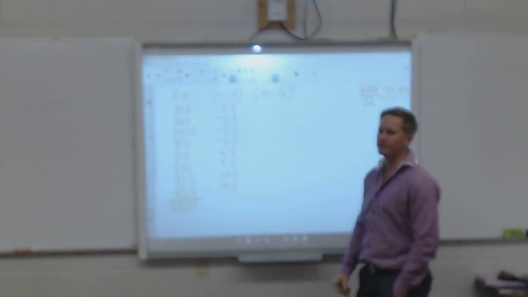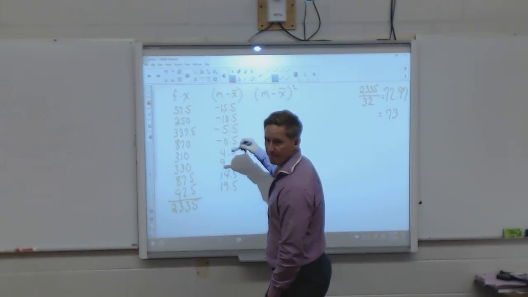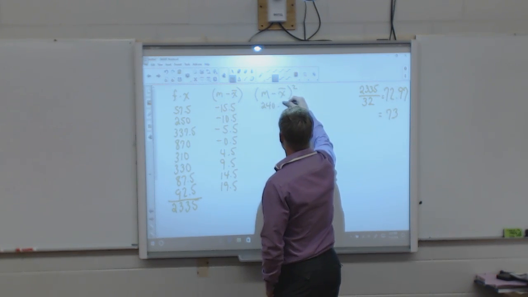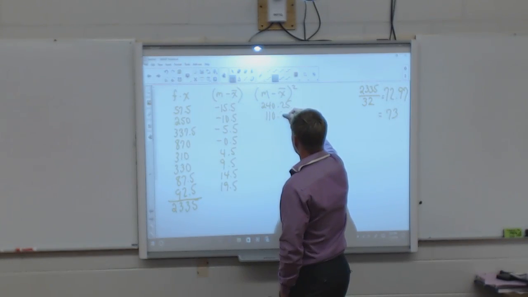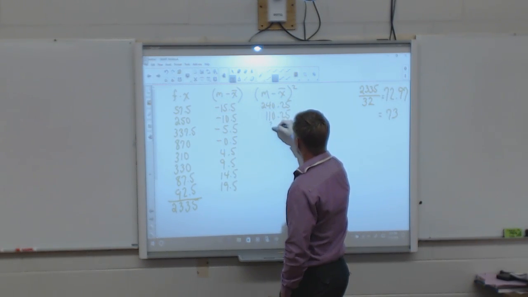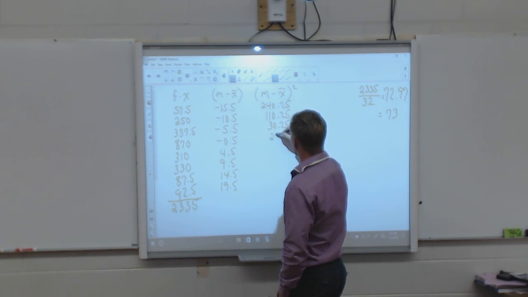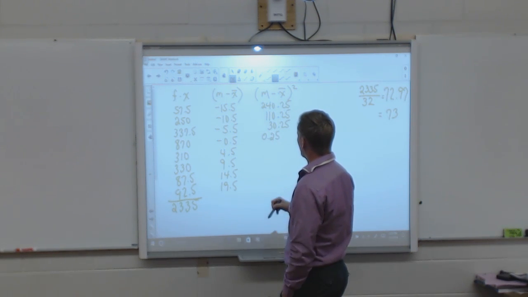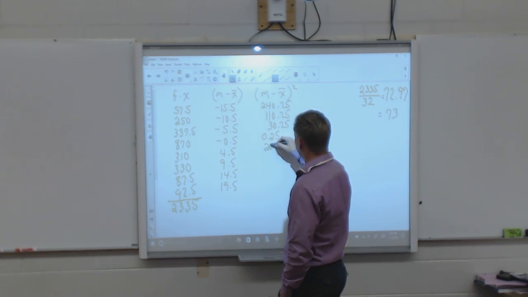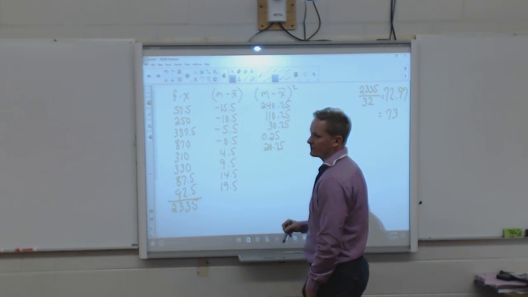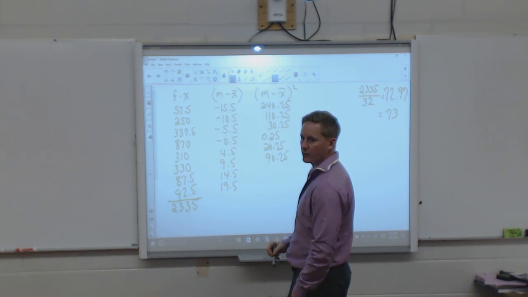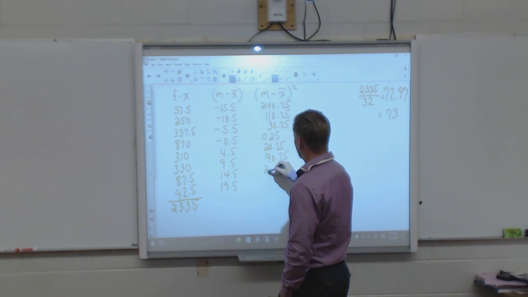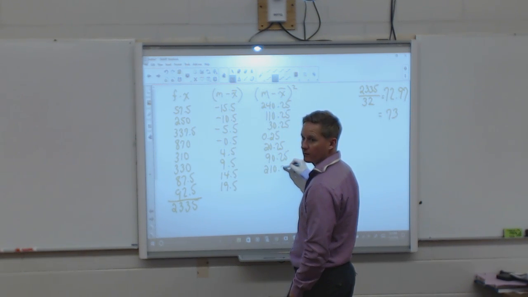So 15.5 squared is? 240.25. 10.5 squared? 110.25. 5.5 squared? 30.25. 0.5 squared? 0.25. 4.5 squared? 20.25. 9.5 squared? 90.25. 14.5 squared? 210.25.